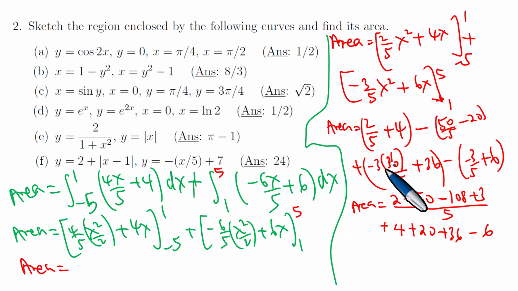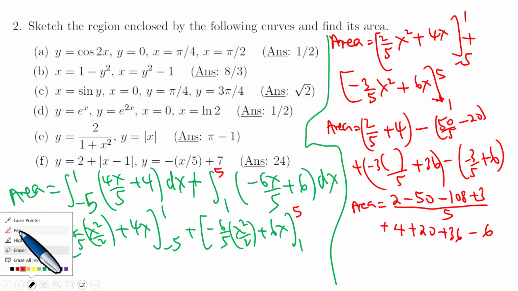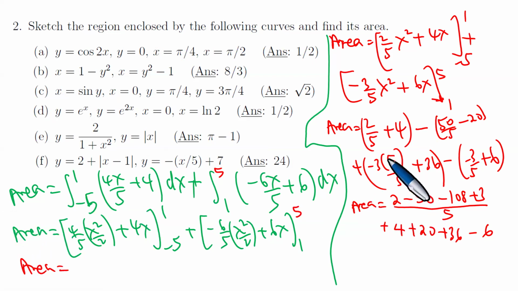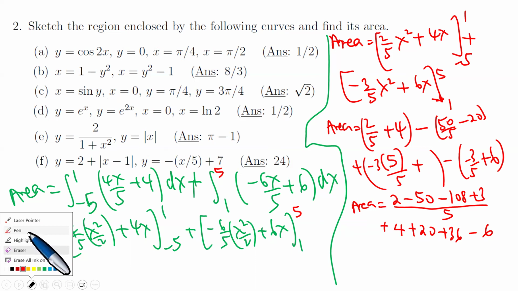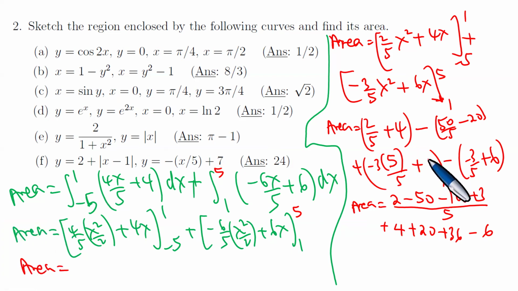When you get to this point, then it's going to be a 5 here. And then this one is also going to change to 6 by 5.